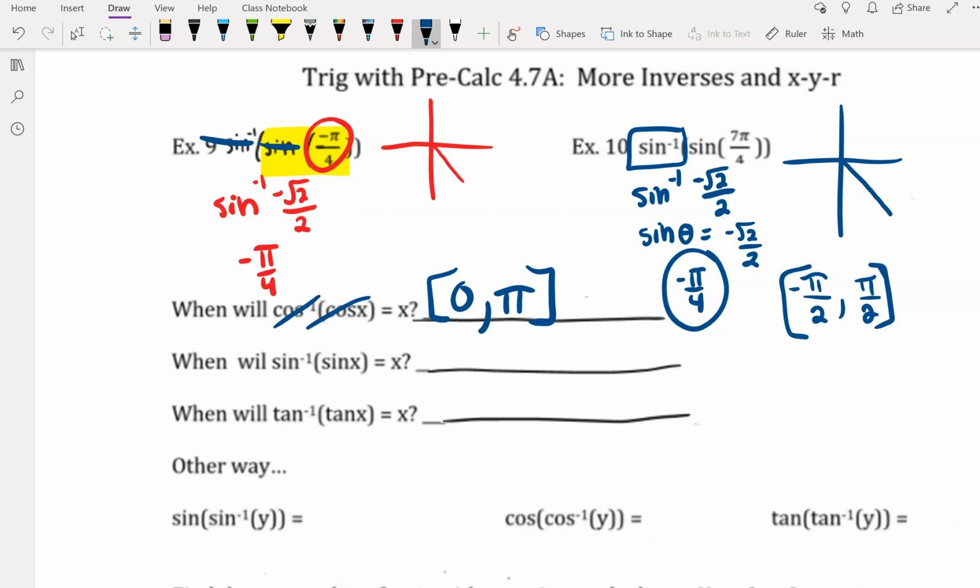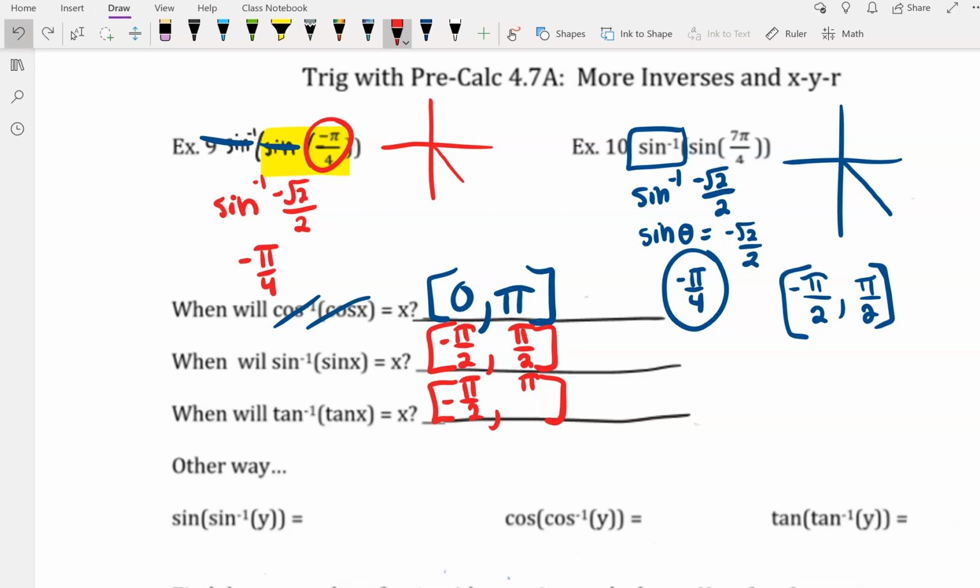And the same will go for sine and tangent, except our principal values for inverse sine and inverse tangent are not 0 to pi, they're negative pi over 2 to positive pi over 2. So memorize where your principal values are. For cosine, they're between 0 and pi. For sine and tangent, it's between negative pi over 2 and positive pi over 2.